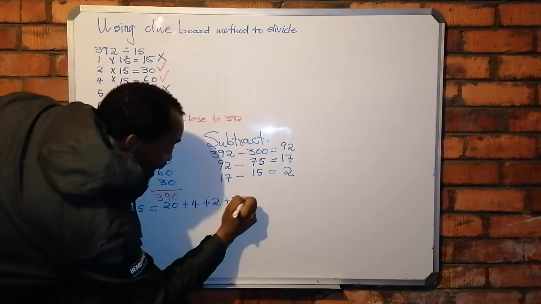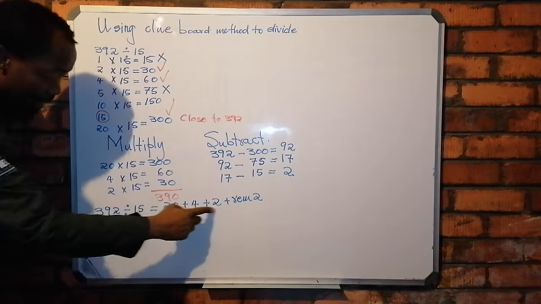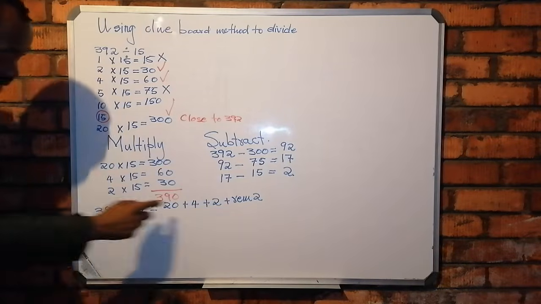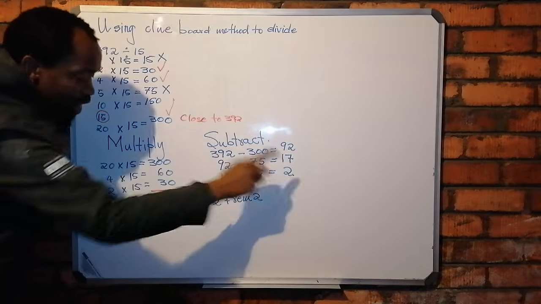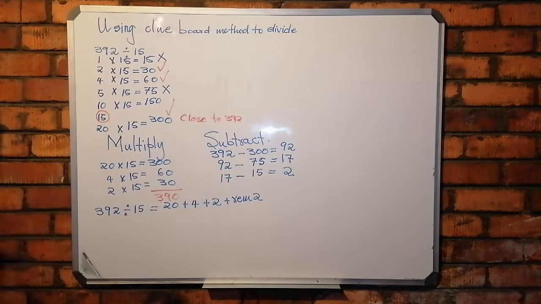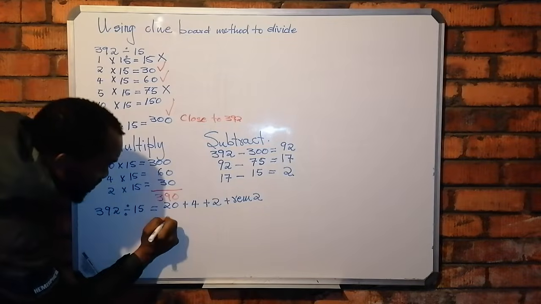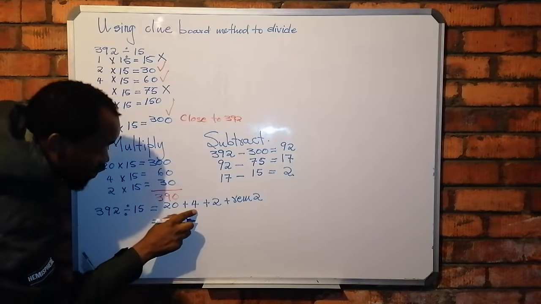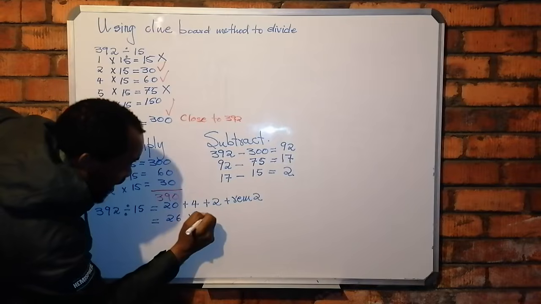Plus remainder 2 there. Where are we getting these ones from? We are getting them from there. Where is this one coming from? That smallest value that we got. Now, this is 20 plus 4, which is 24 plus 2, which is 26.